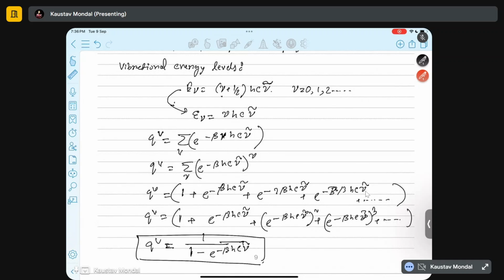Now what we will see, just like the previous case, in the case of the rotational partition function, we basically approximated that rotational partition function in the case when the temperature is much higher than the reference temperature that we termed the rotational temperature.